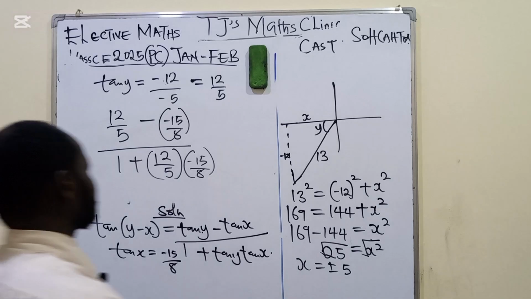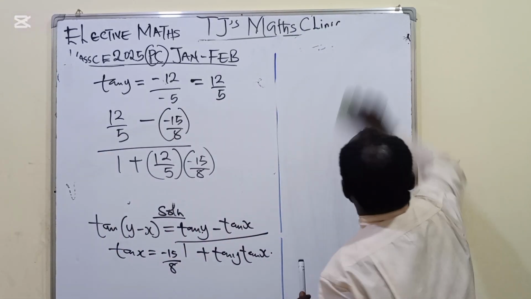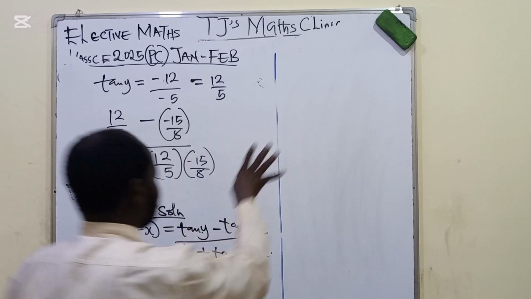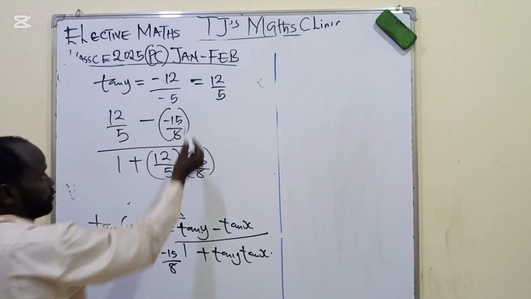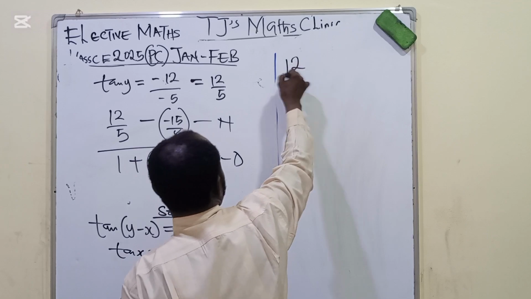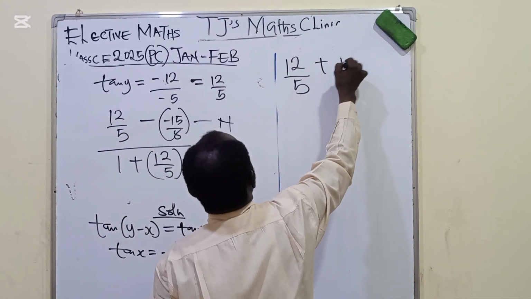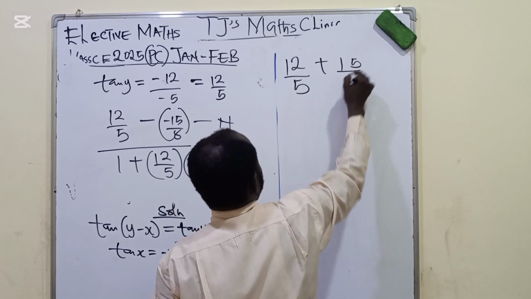So the next thing for us to do is to simplify. Let's simplify this separately. This is our numerator and this is our denominator. Our numerator is 12 divided by 5, minus times minus is positive, 15 divided by 8.